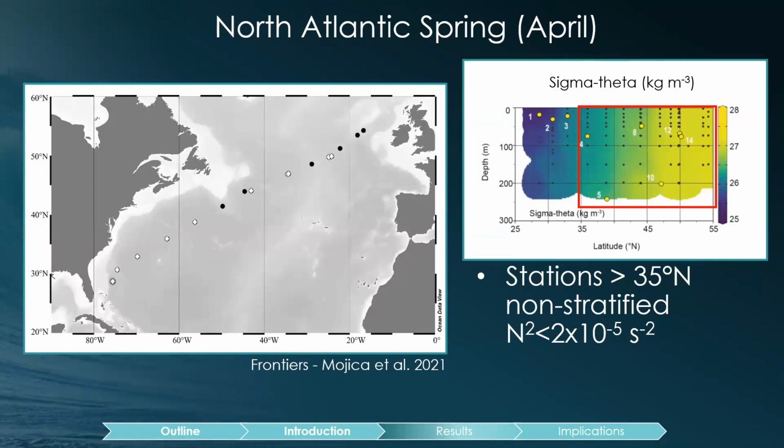In the first section of the cruise, stations were classified as weakly stratified, and the northern section shown in the red box was classified as non-stratified, again according to the 100-meter average buoyancy frequency, being less than 2 × 10⁻⁵ per second squared. From the density plot, you can notice that there is very little vertical gradient in density in most of these stations.